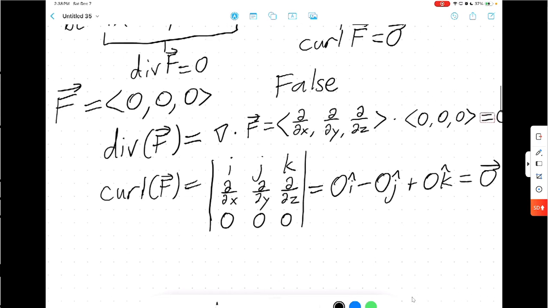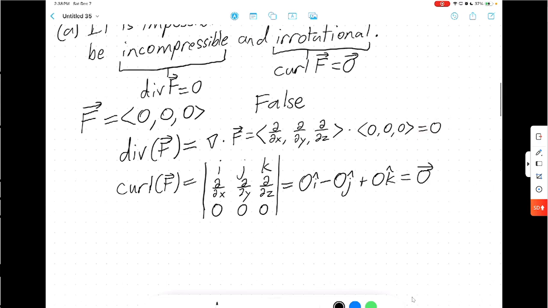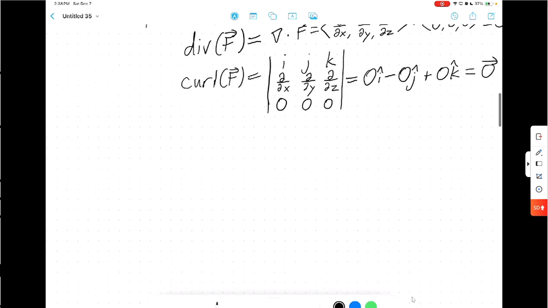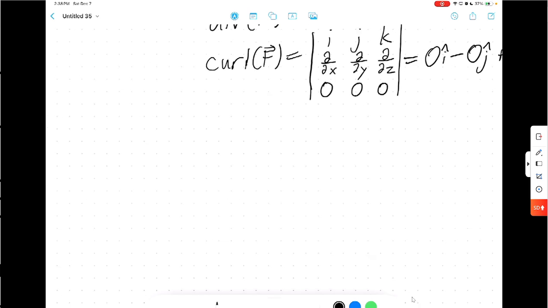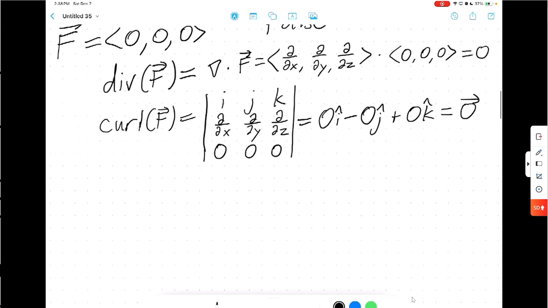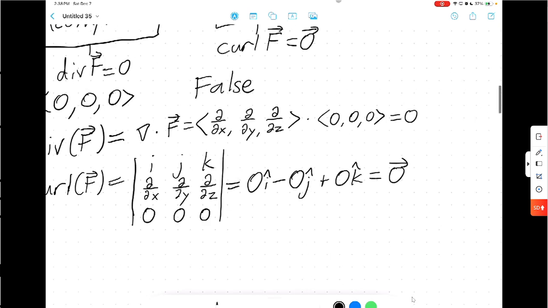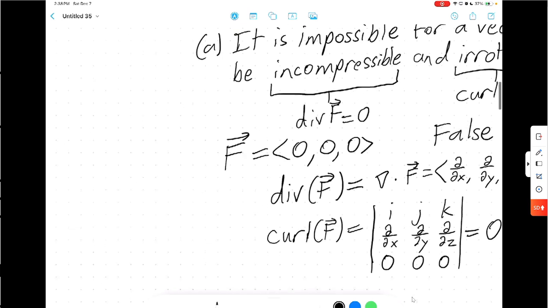So therefore it's false, and our counterexample is 0, 0, 0. Does everyone see where I got that from? All right, I'm moving on to B then.